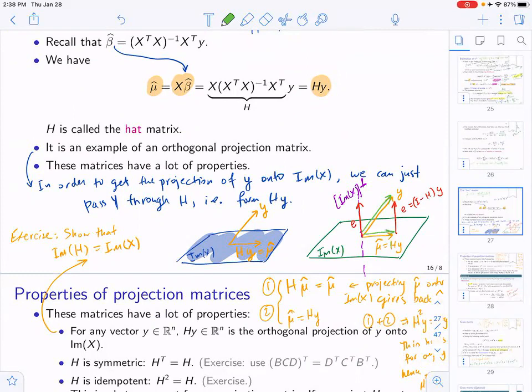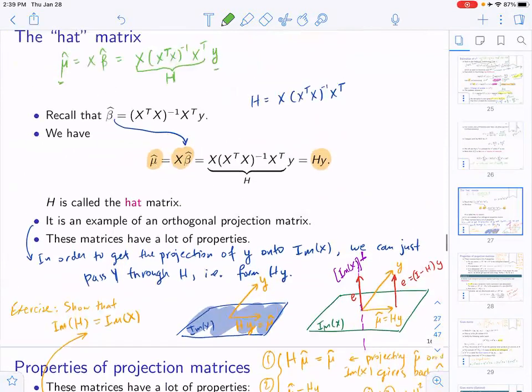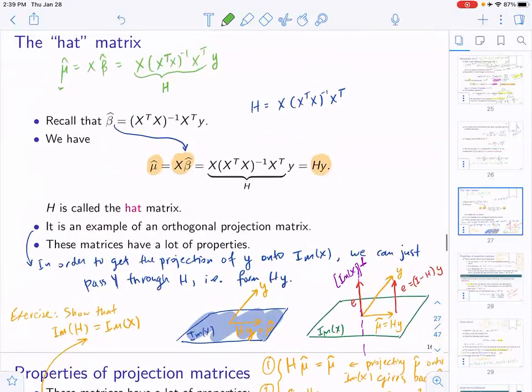All you need to do is multiply y by H, and you get that vector. This gives you a very simple conceptual procedure. And the fact is that this does not depend on anything but X. So this is projecting onto the image of X. The only thing that you need to know to form this matrix is X, or its columns, or basically the image of X. And this is an explicit form that you can form that projection.